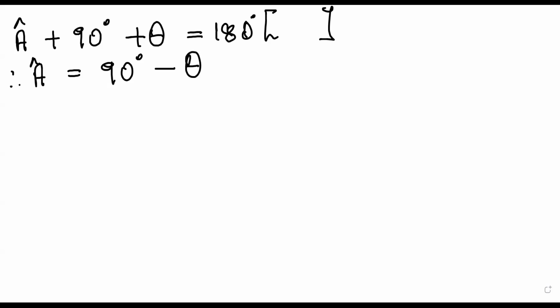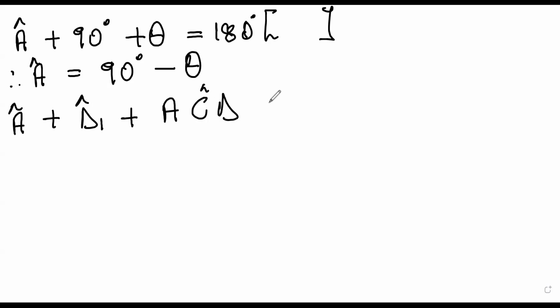So now we can come to angle D1 by saying if we take angle A, we add it to angle D1, and we also add this to angle ACD. Then the answer will be 180 degrees as well for the same reason.